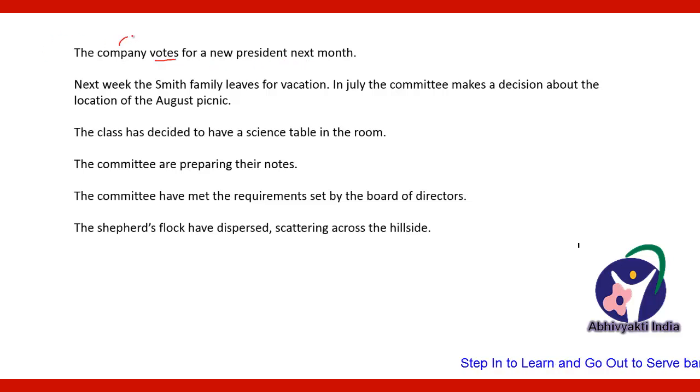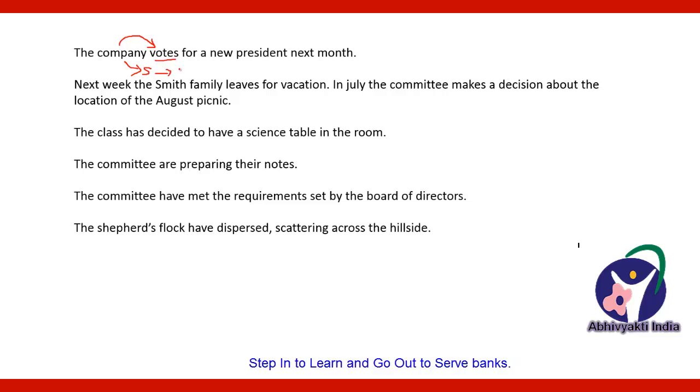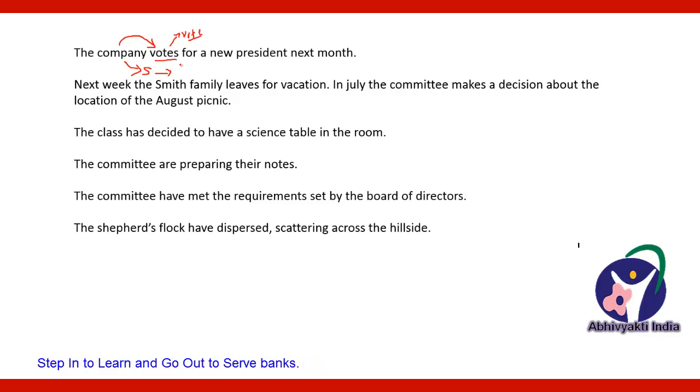Company is a group of people and they are going to vote, and since it is a collective noun, it is singular, and therefore it will take a singular verb as votes and not as vote. So here it will be votes because all are going to do the same work. They are behaving as a group.